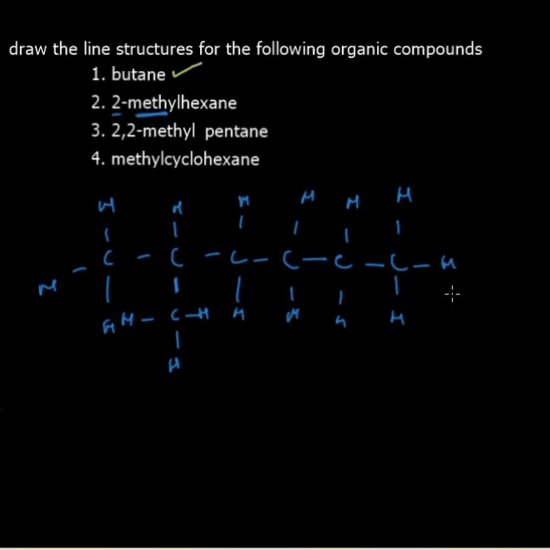After you've drawn the structural formula, you can draw the skeletal formula. As you learned, firstly this part will be the first carbon atom, 2 3 4, 5 6, and then you have it just like that.